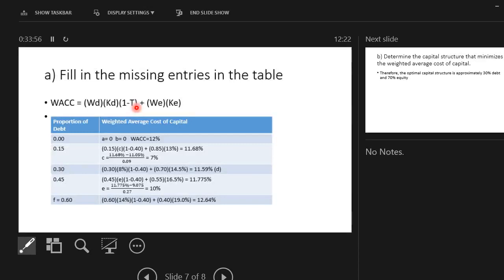So KD multiplied by 1 minus T gives us an after-tax cost of debt. Why? Because the cost of debt is always affected by the tax.